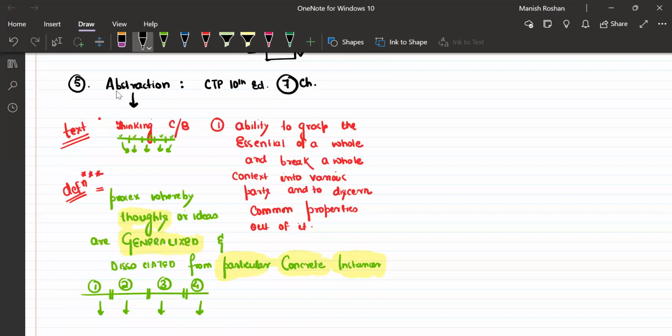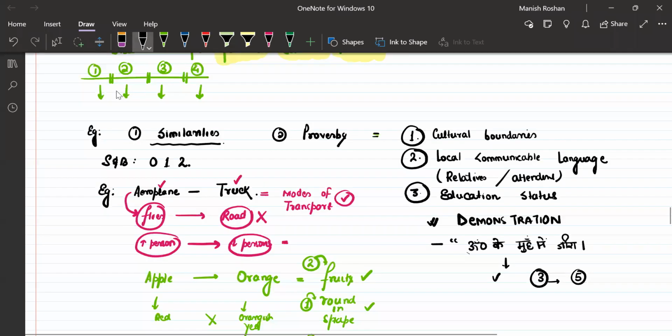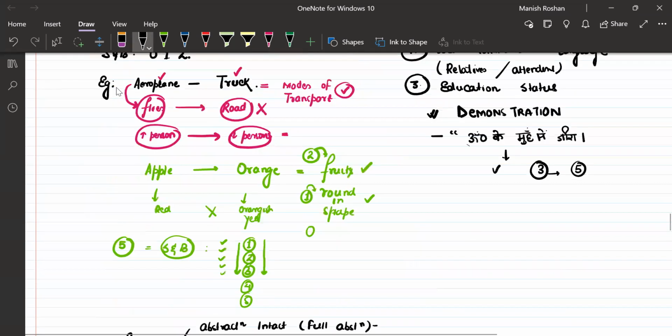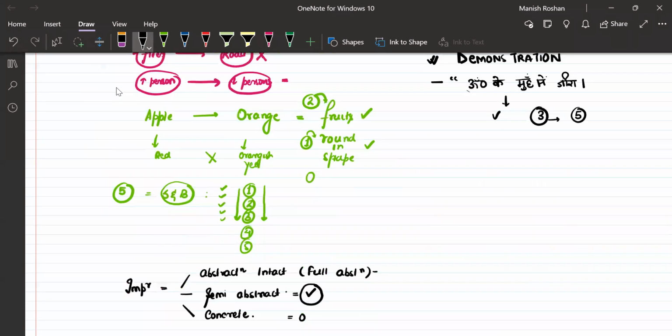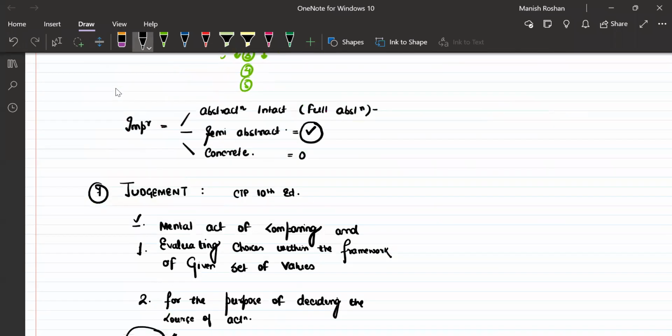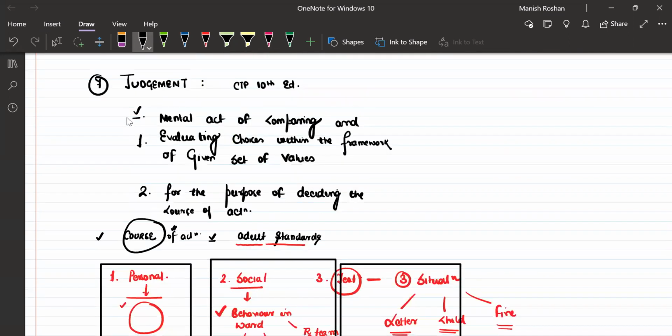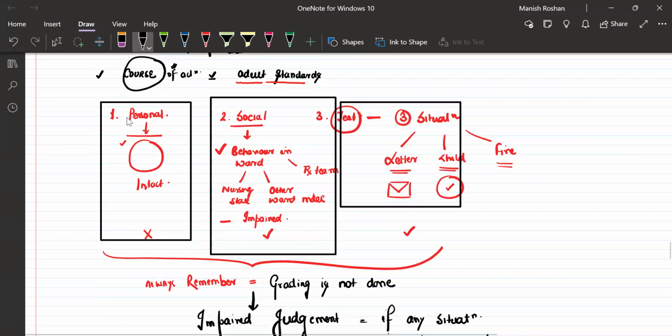In abstraction, again, we can do similarities and proverbs, which we have already discussed. According to the interpretation, we can label it as semi-abstract, full abstraction, abstraction intact, or concrete. And then we can look into the judgment. Accordingly, we can judge the personal, the social, and the test judgment.